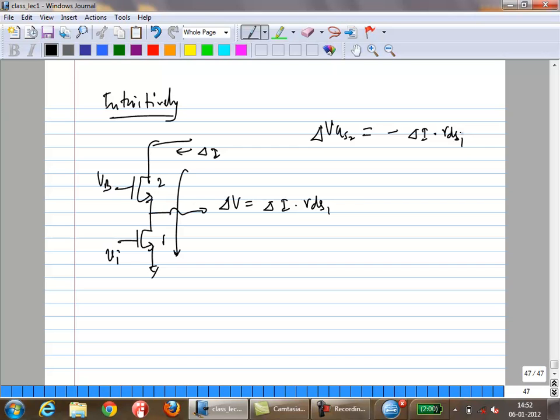So you can think of it as some kind of negative feedback. That itself shows that the circuit should have a very large output impedance, because you're trying to send in a delta I, but the circuit is actually opposing it. That is the definition of a very large output impedance.